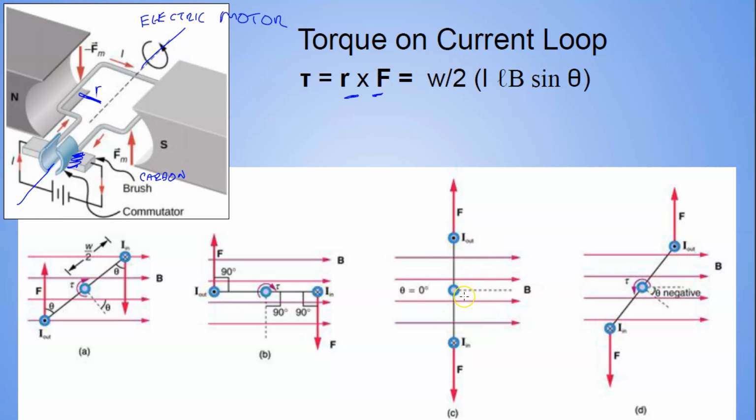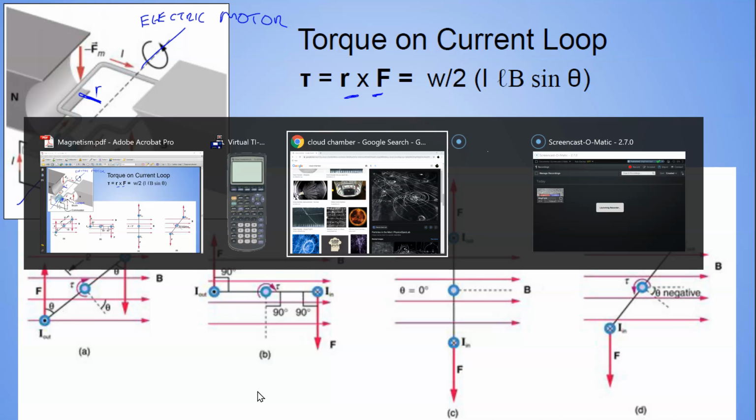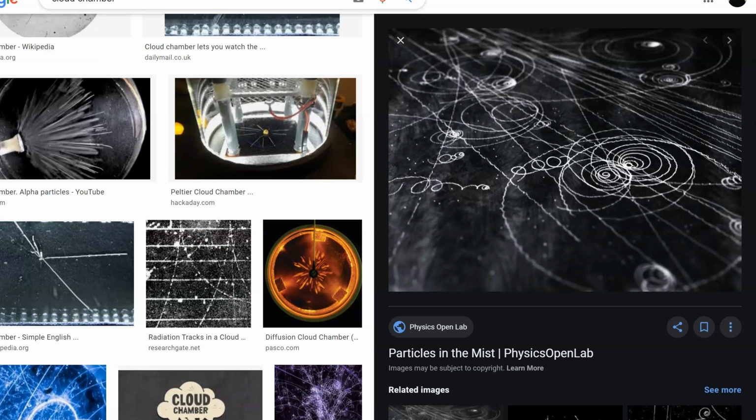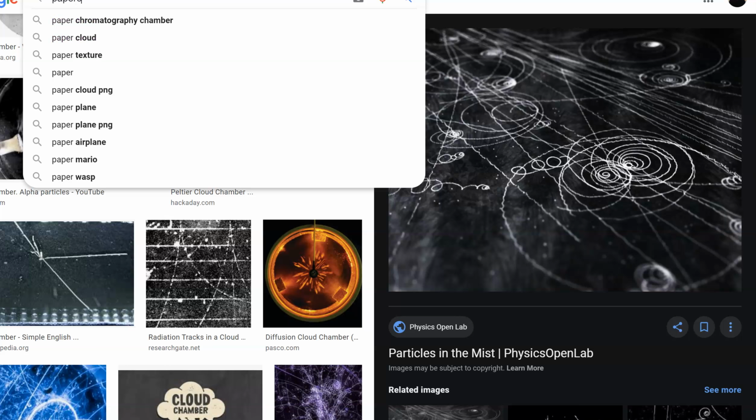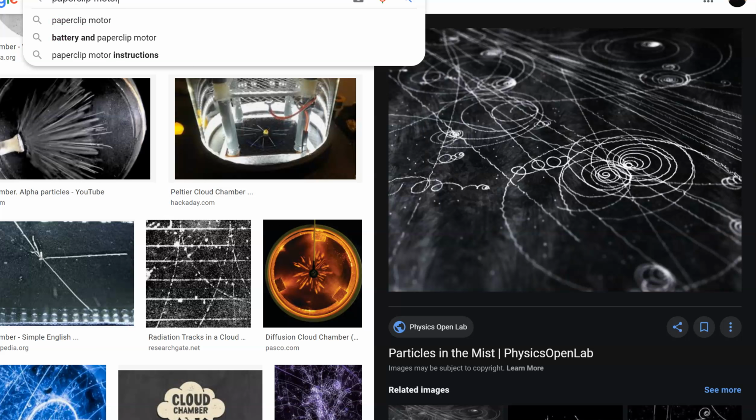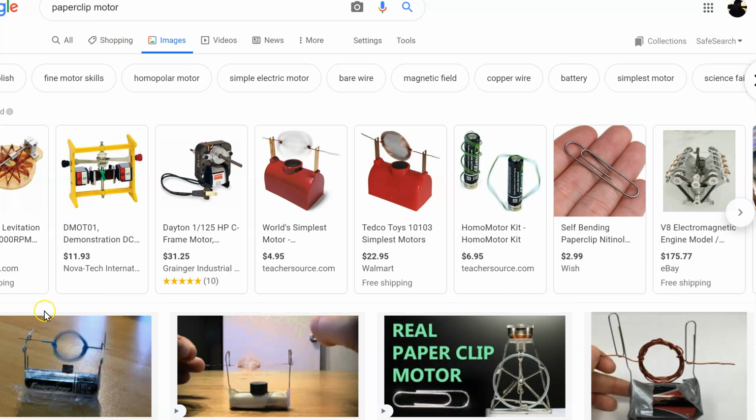If you don't have enough mass, you can make a little paperclip motor. Look up YouTube, paperclip motor. You can make one for 2 cents or something. Battery and a paperclip and a couple paperclips, I guess, for a little stand. And if it doesn't have enough mass, then it's going to get hung up right there and just kind of vibrate and hum and get hot.